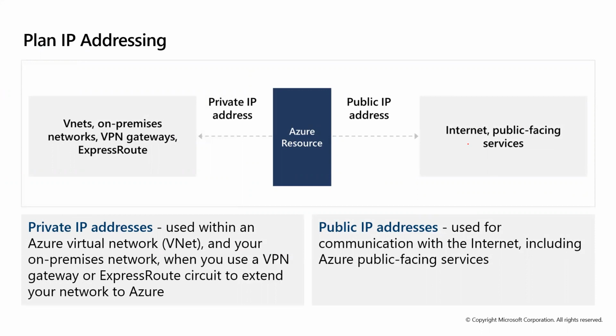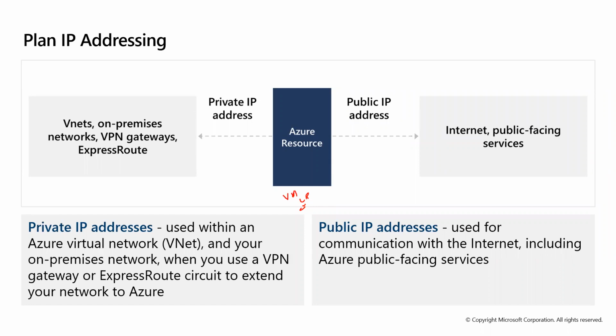Right. So when you deploy a resource on Azure, it can be a virtual machine or maybe a load balancer or anything. These resources require IP addresses because you access your virtual machines through IPs. Your virtual machine will talk to another virtual machine through IP addresses.